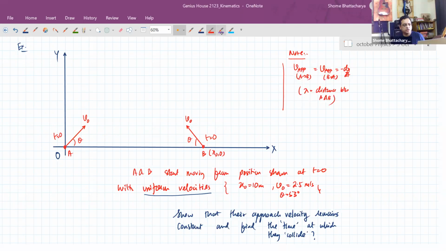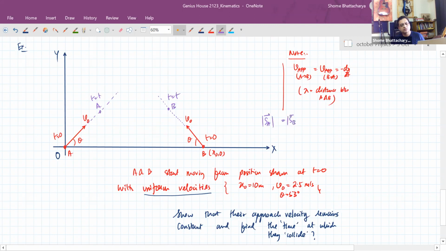Okay, so the interesting thing you can observe in this question is that because they are going at constant velocity, both of them will be in a straight line path. Because of the symmetry, both having the same speed and symmetrical angles, at some time t, if A has reached here, then B would have also reached here. The magnitude of A's displacement will be equal to the magnitude of B's displacement, which will both be V naught into T. A's displacement will be V naught T into cos theta i cap plus sin theta j cap, where theta is a constant, remember here.